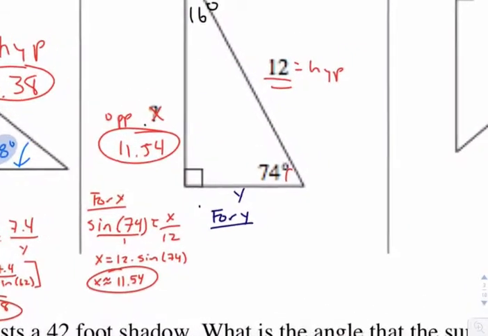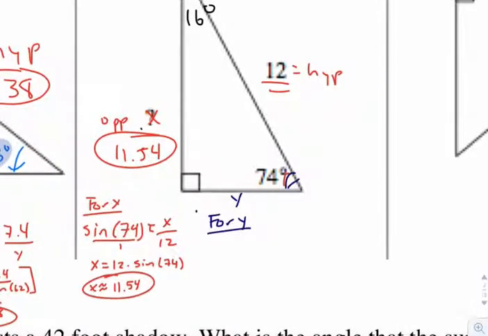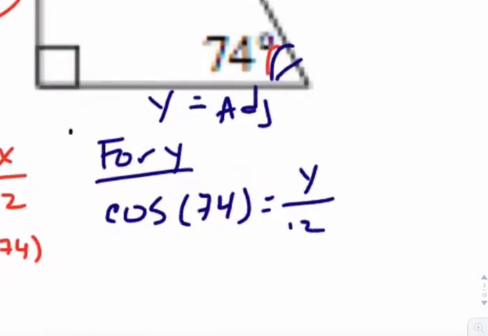All right, so same kind of thing. I'm going to pick 74 as my reference. I'm going to use 12 as my known side. Y, however, is my adjacent side in all this. So if I have an adjacent and a hypotenuse, it's screaming for me to use cosine. So cosine of angle 74 is equal to the adjacent side, which I don't know, y, over the hypotenuse, which is 12.